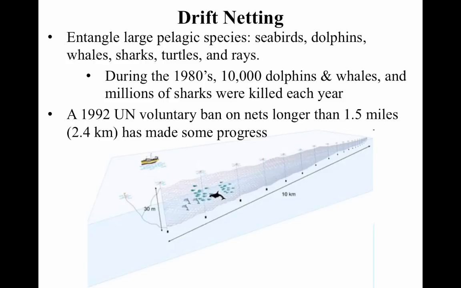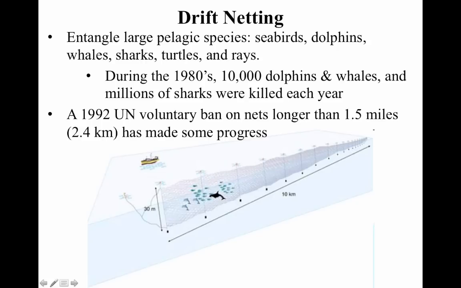So the drift netting can entangle large pelagic species, which are things like seabirds, dolphins, whales, sharks, turtles, and rays. And I remember during the 80s, that's when people were starting to really respond to how many dolphins were getting caught in tuna nets, that people were boycotting buying tuna fish in a can, because if a tuna fisherman snared a dolphin in their net, they would not really care if the dolphin lived or died.